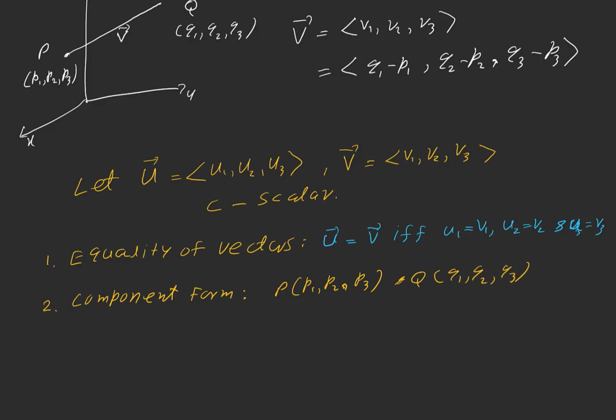The v vector is represented by the directed line segment PQ. So this can be written (v1, v2, v3). As I explained before, this is (q1 minus p1, q2 minus p2, q3 minus p3). This is the component form and these are the components.